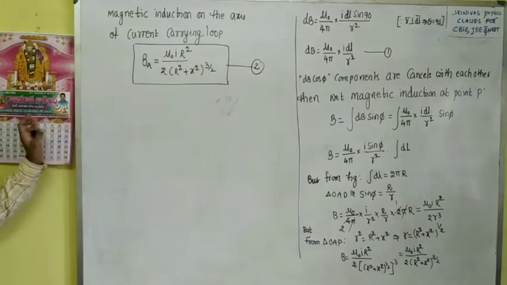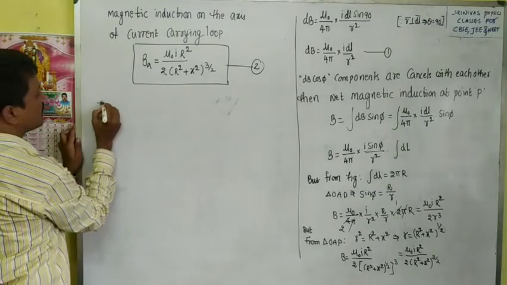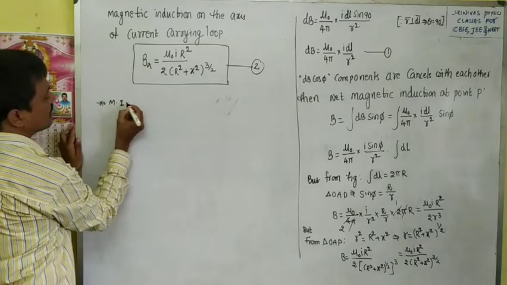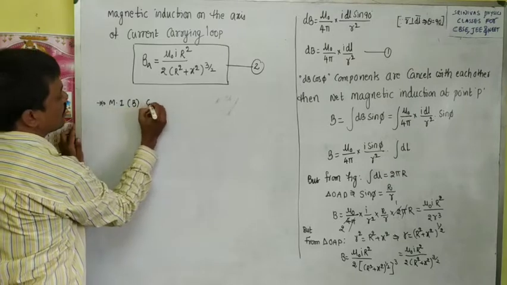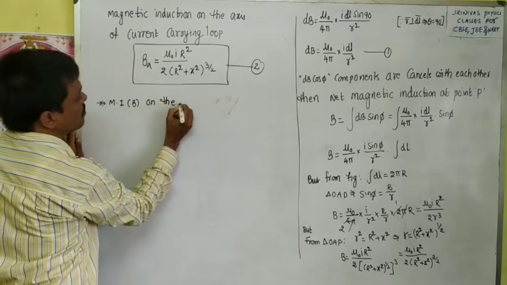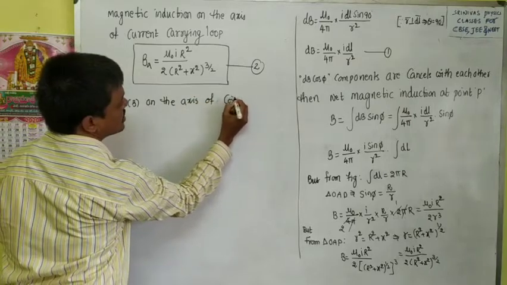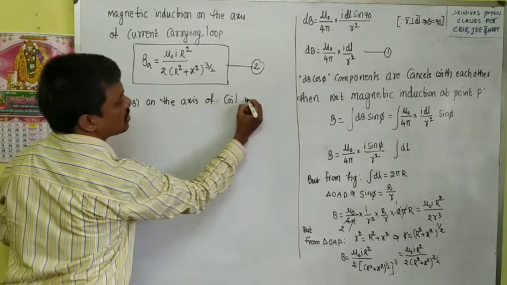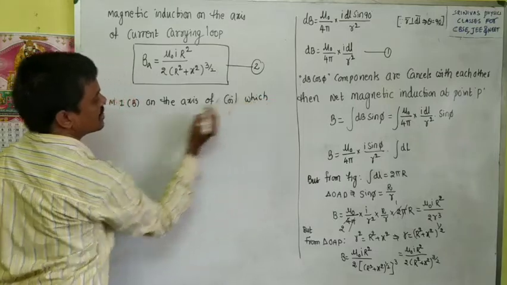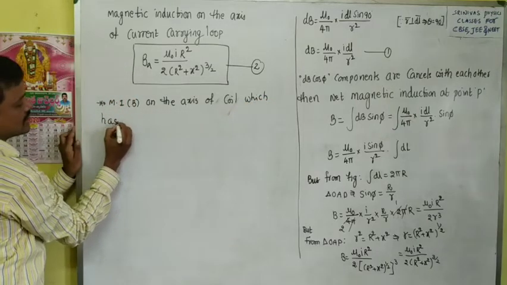But if you take a coil, the magnetic induction B on the axis of a coil which has capital N turns, right?